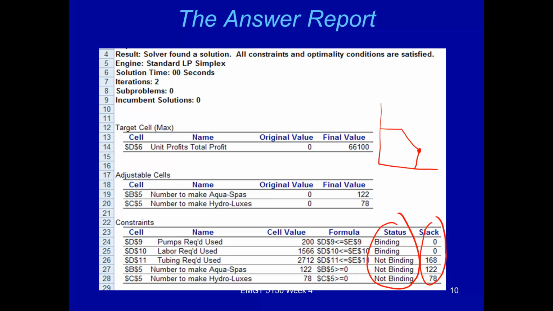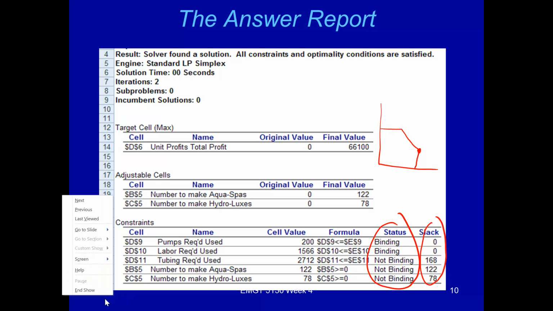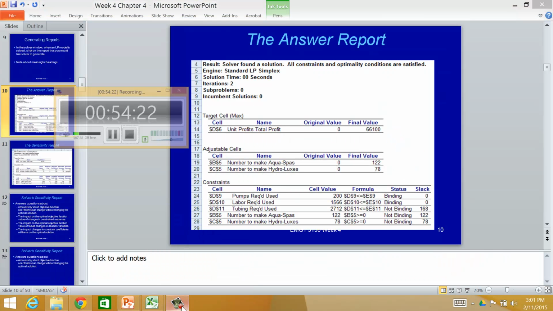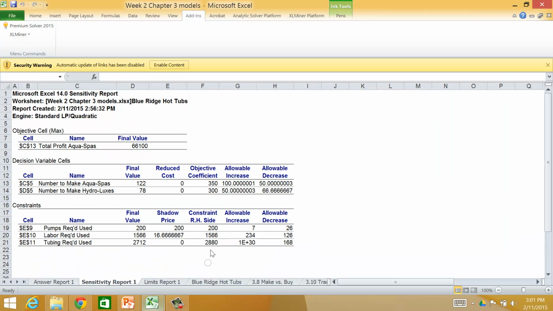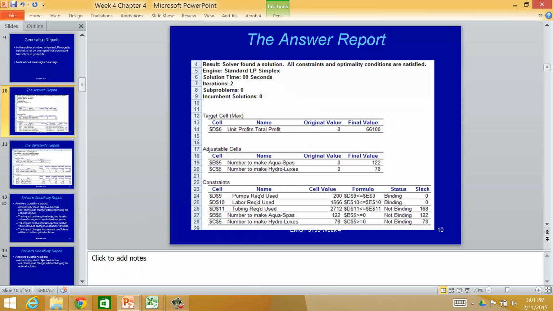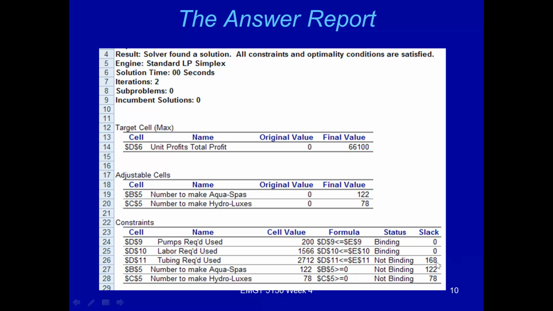And this tubing part is not binding because it has 168 left. Let's go back to here, tubing. What's the difference between these 2? 168. Okay, so that's what this slack is. Okay, so what is slack?